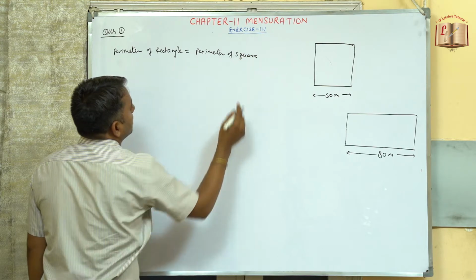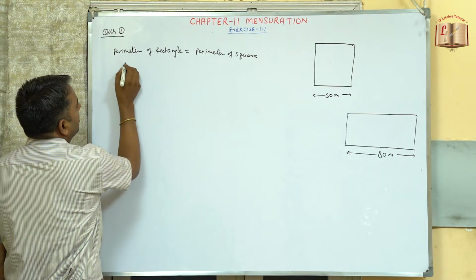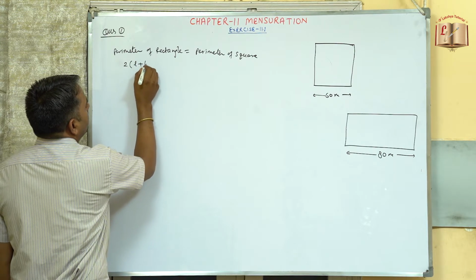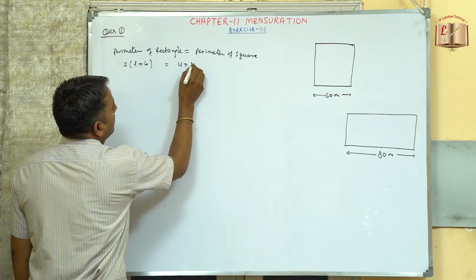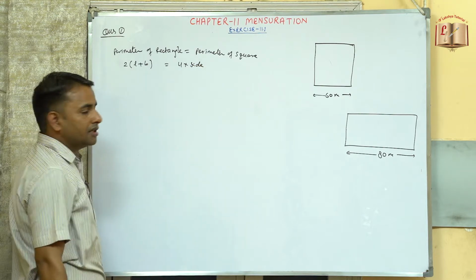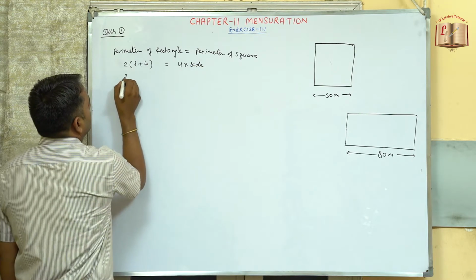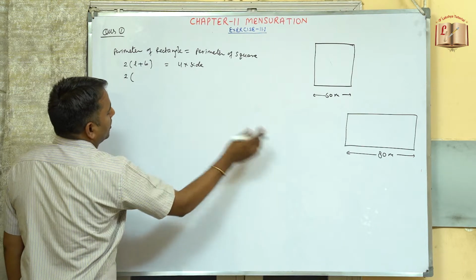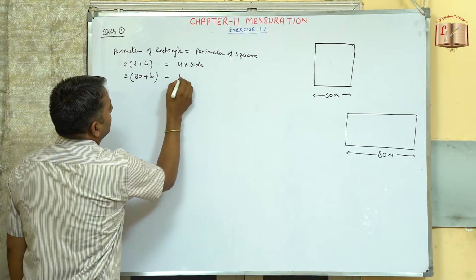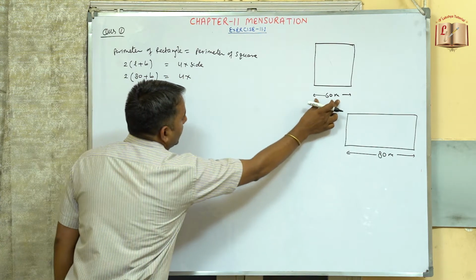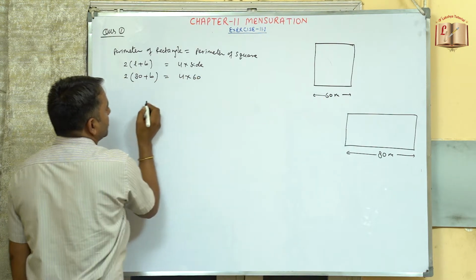It is given that both have the same perimeter, so perimeter of rectangle is given as 2 times L plus B, whereas the perimeter of the square is 4 into side. So this is now 2 times length is already given 80 plus width, this is equals to now 4 into side of the square is given 60, so put 60.